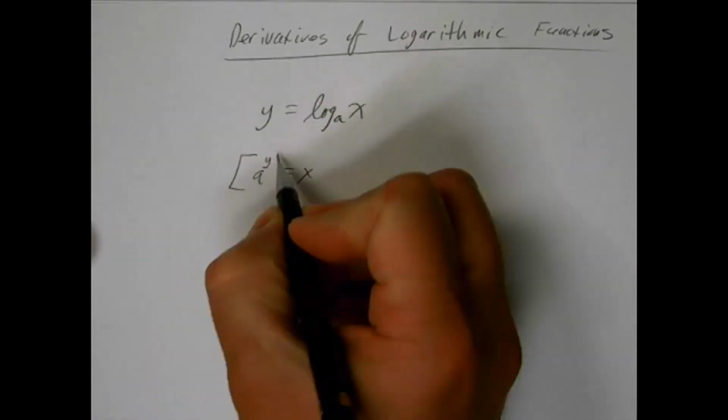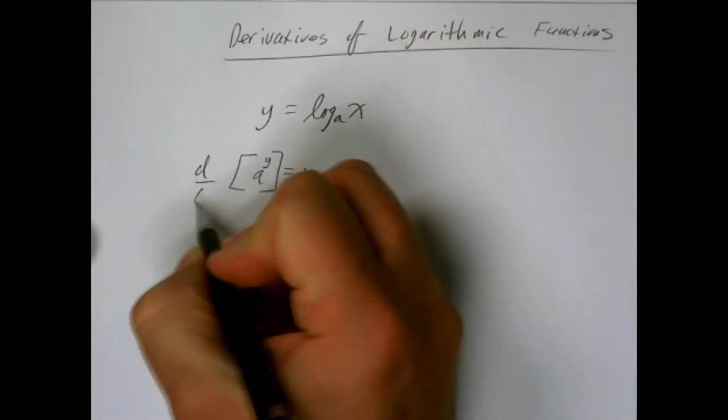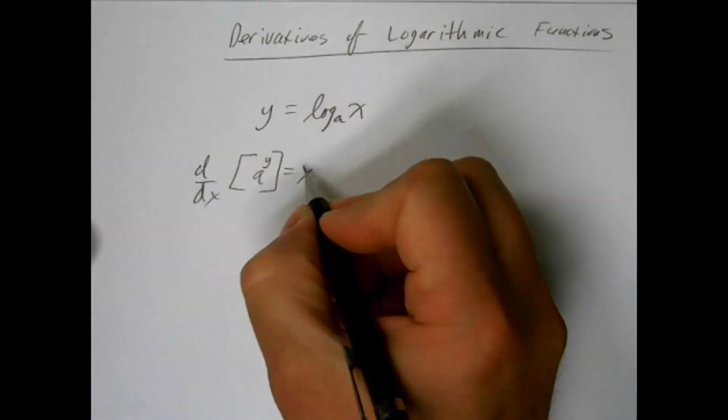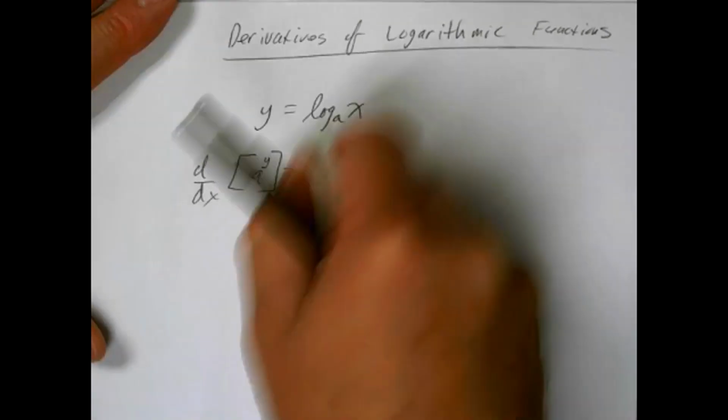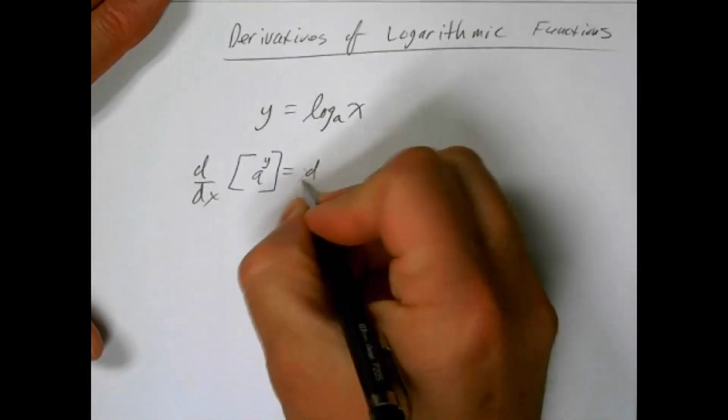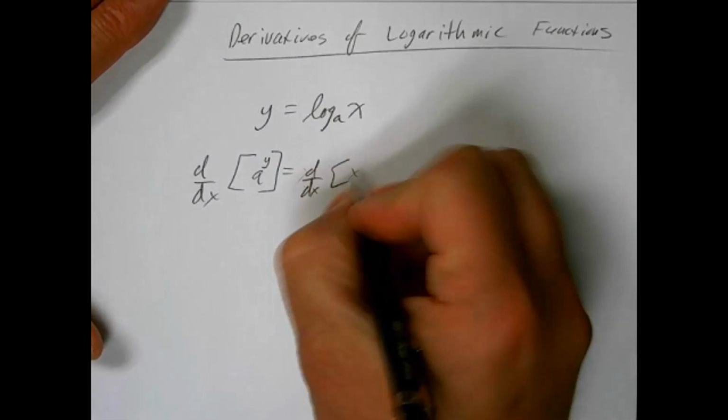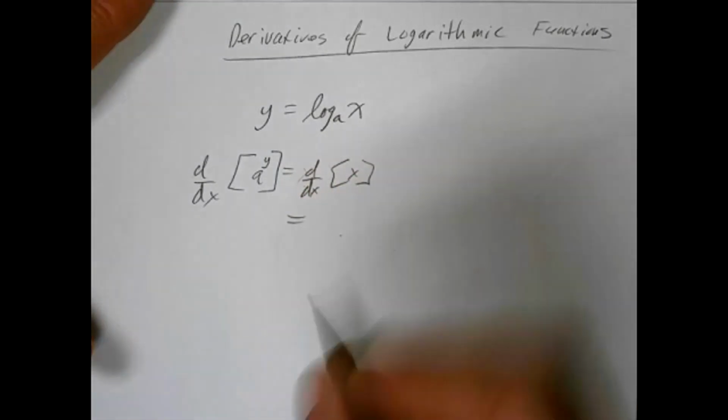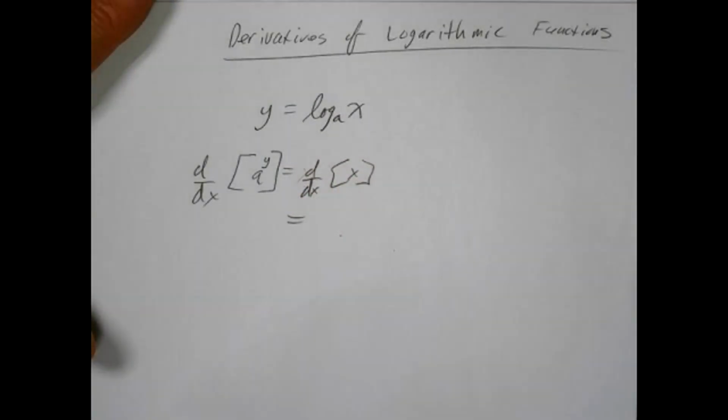So differentiating this side with respect to x, and oops, didn't leave myself enough room. Let me create some more space. Differentiating this side with respect to x. The right side is the easy one. Derivative of x is 1.